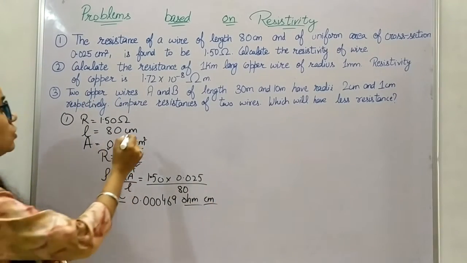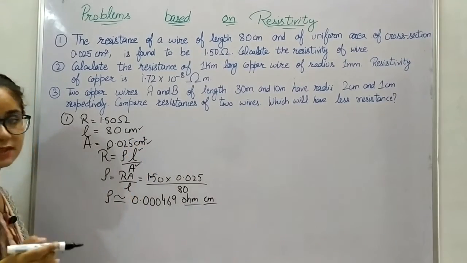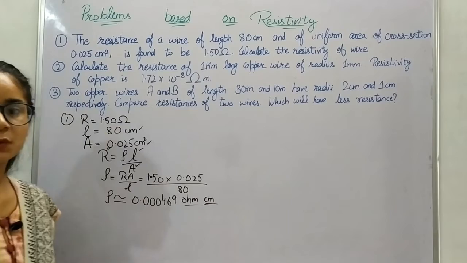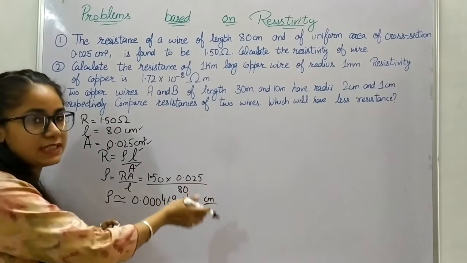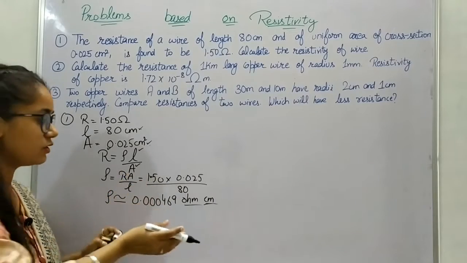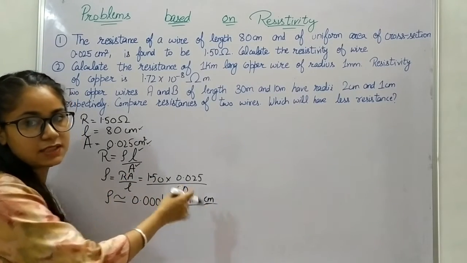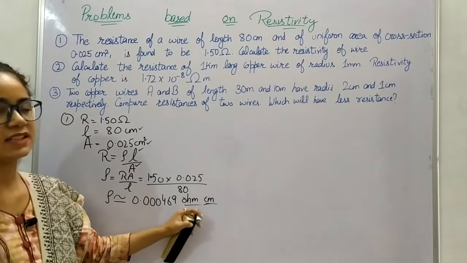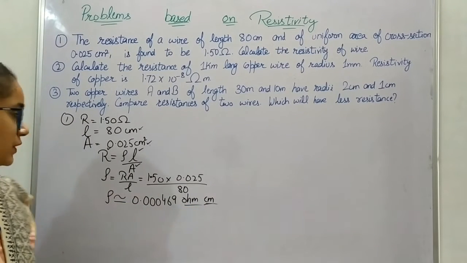Why? Because everything provided here is in centimeters, that's why we write it in centimeters. But if you want to show it in meters, you may convert the centimeters into meters. If you are finding it in centimeters, that's not a big issue.